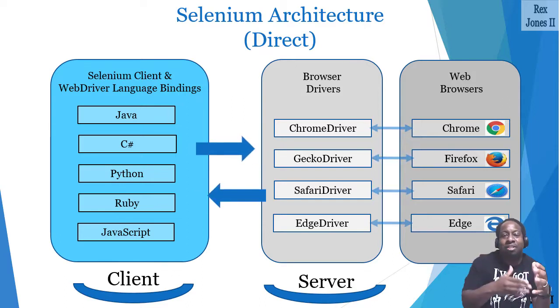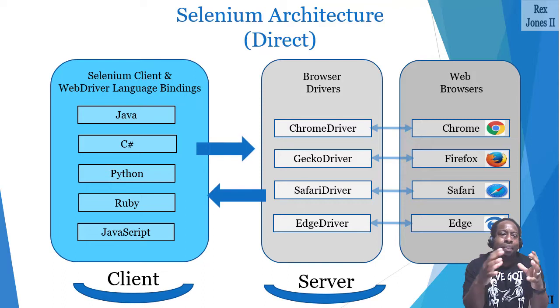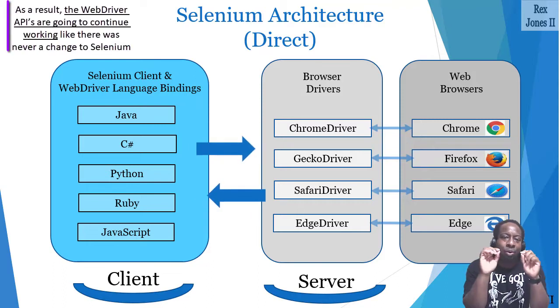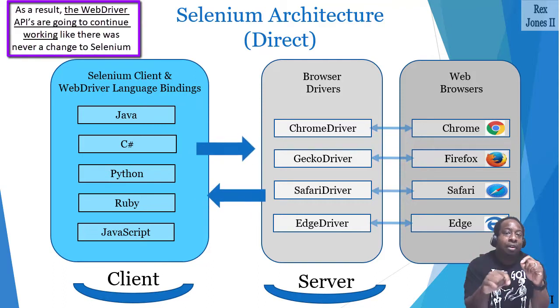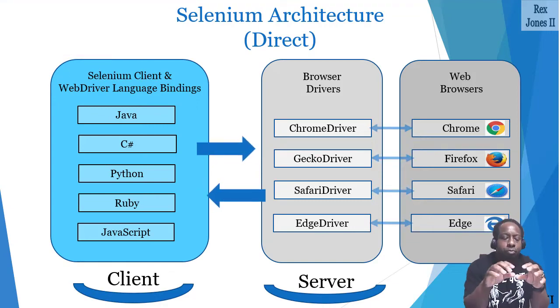No changes to our test scripts unless an API has been deprecated. Deprecated APIs like the finds by interfaces have been removed from Selenium 4. As a result, the WebDriver APIs are going to continue working like there was never a change to Selenium.